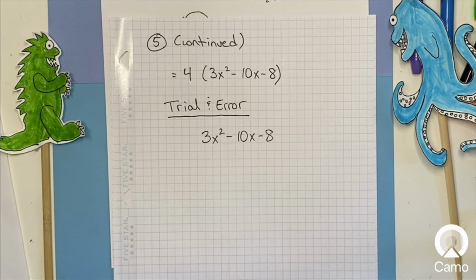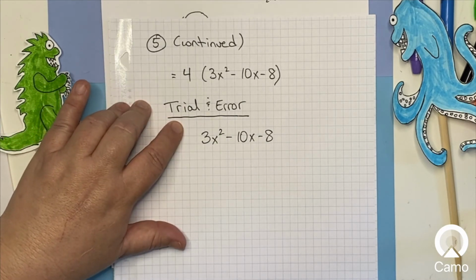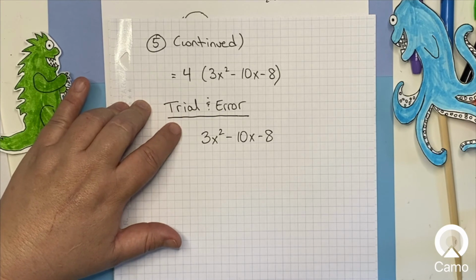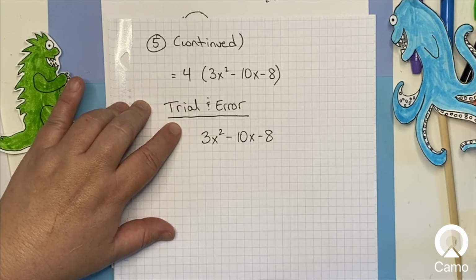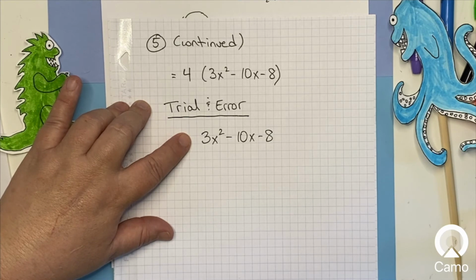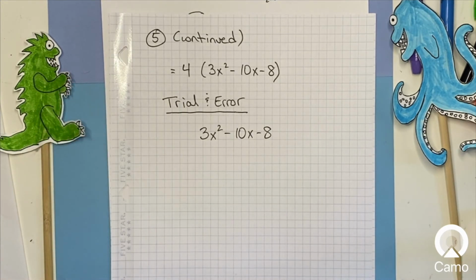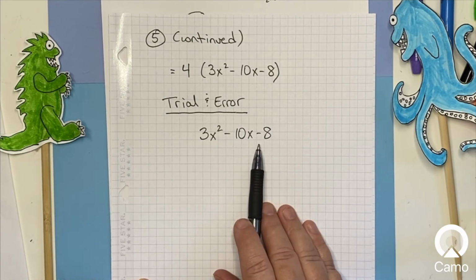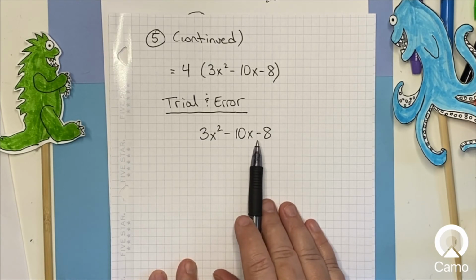And the reason that trial and error is a favorite and is for some teachers the only method they teach is because if you practice this method, it'll give you practice with getting them in your head. So you can get to the point where I can factor this in my head. The other methods are faster, but they don't get you that practice.